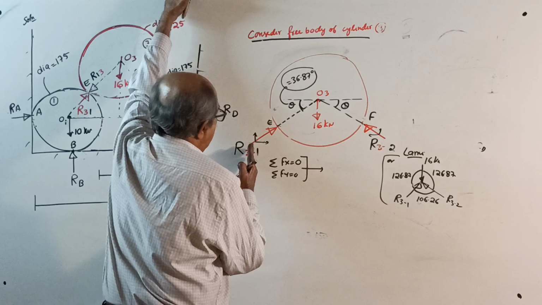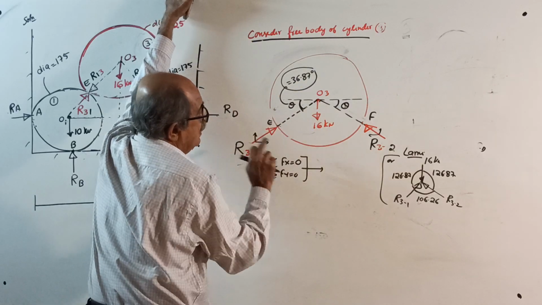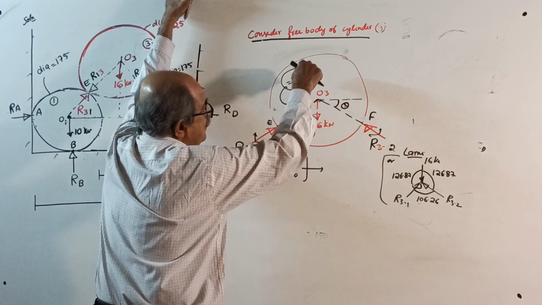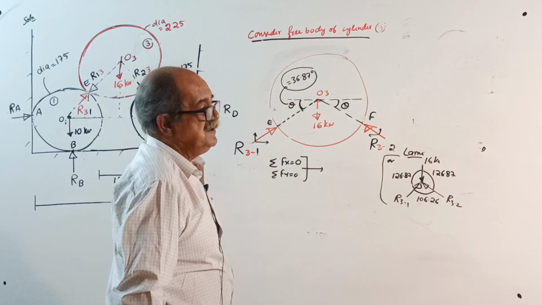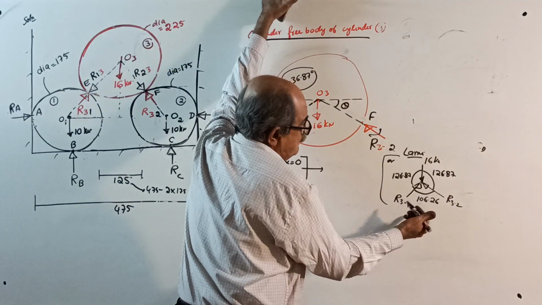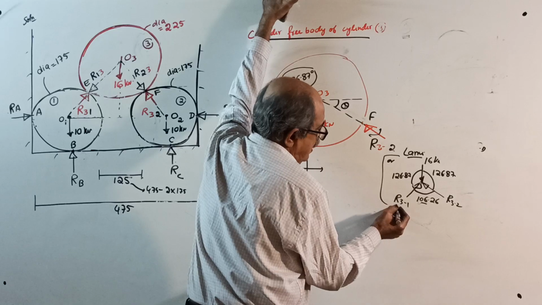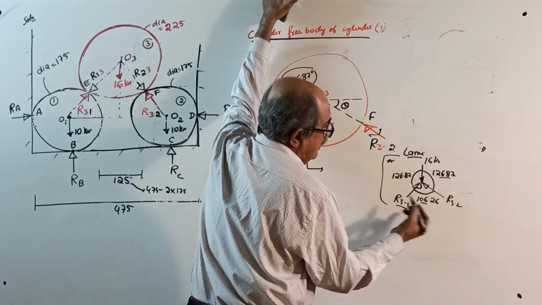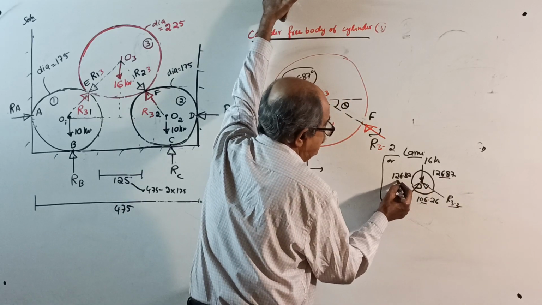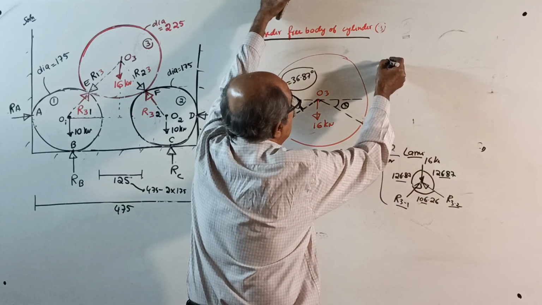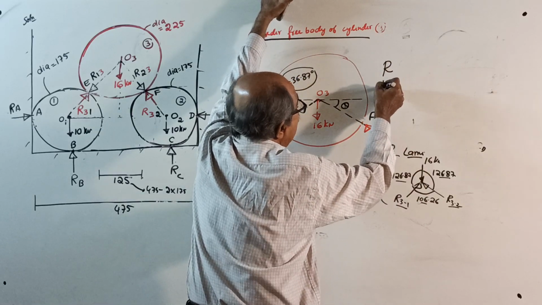Then sigma Fy: plus R31 sin theta plus R32 sin theta minus 16 equal to 0, second condition. Here, 16 divided by sine of this angle equals R31 by sine of this angle equals R32 by sine of this angle. You do whatever you want, get the value of R.